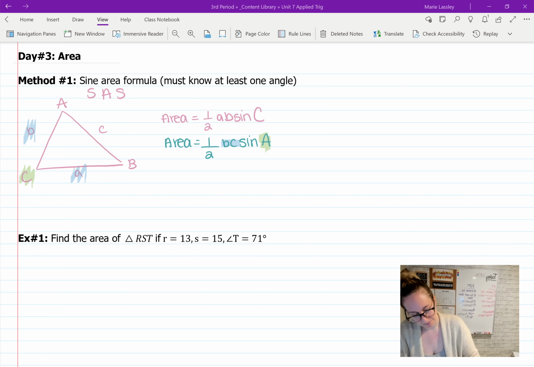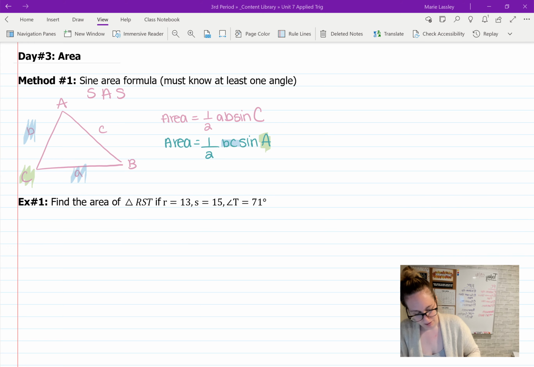All right, so let's take a look. Let's move this up. I didn't need all that space. Okay, let's look at this one. It says find the area of triangle RST. It doesn't give us a picture, so it's always good to start by drawing your picture.